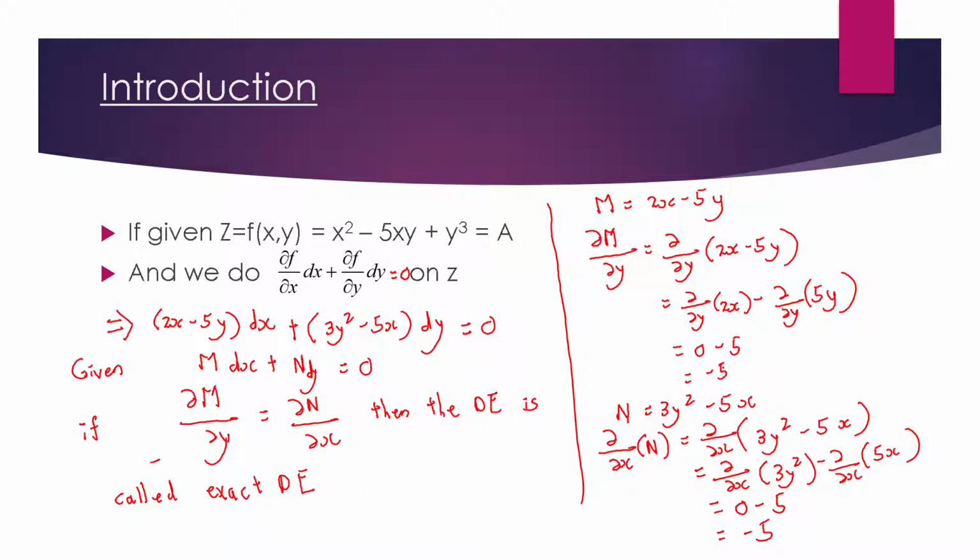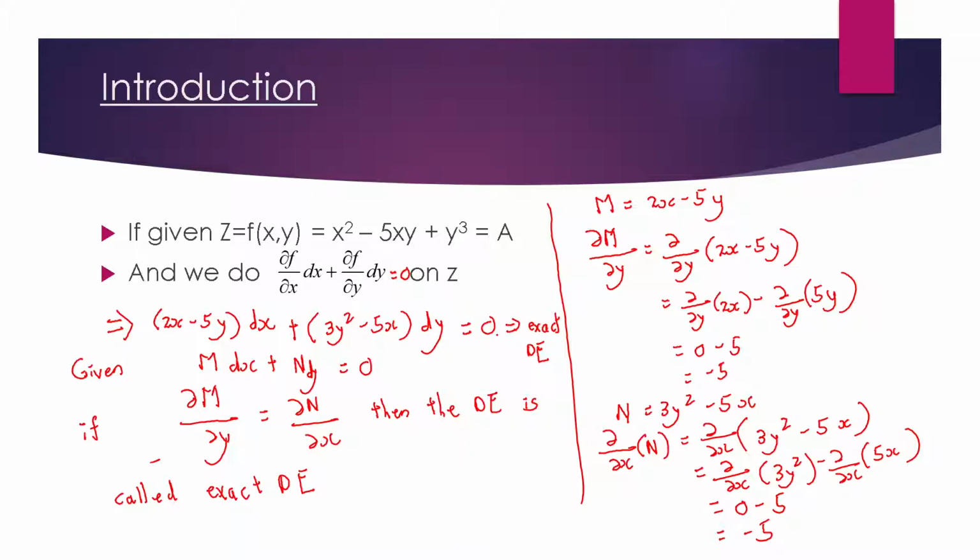So in this case, del M del y is negative 5, and del N del x is also negative 5. Hence, 2x minus 5y dx plus 3y squared minus 5x dy is actually an exact differential equation.